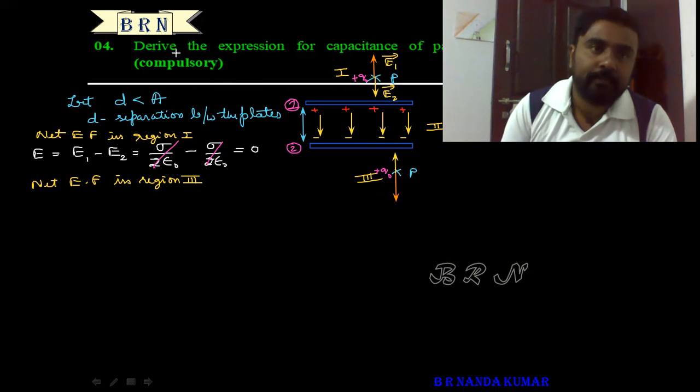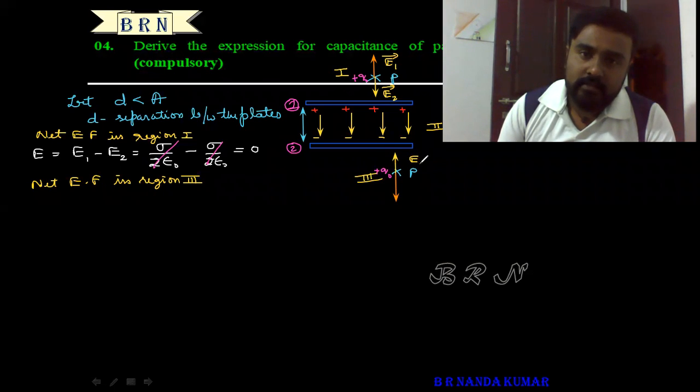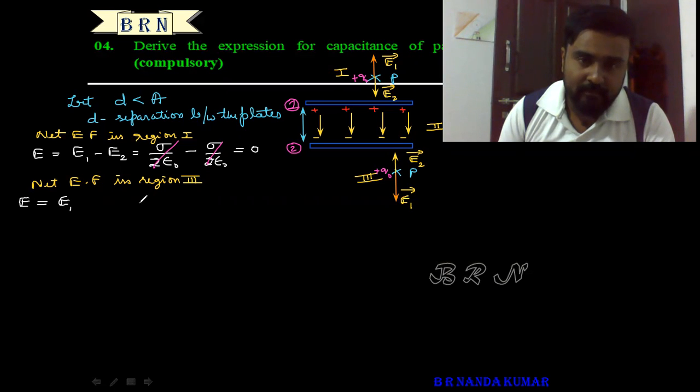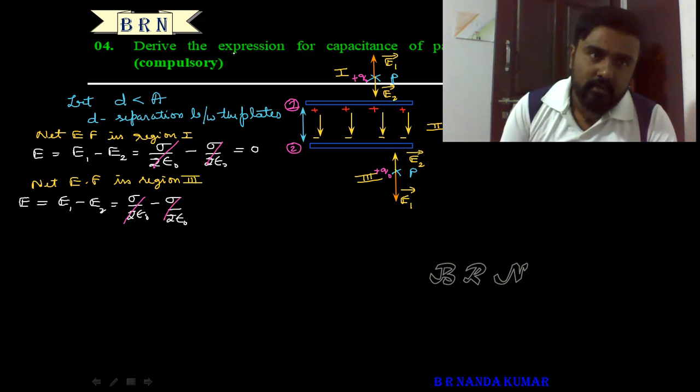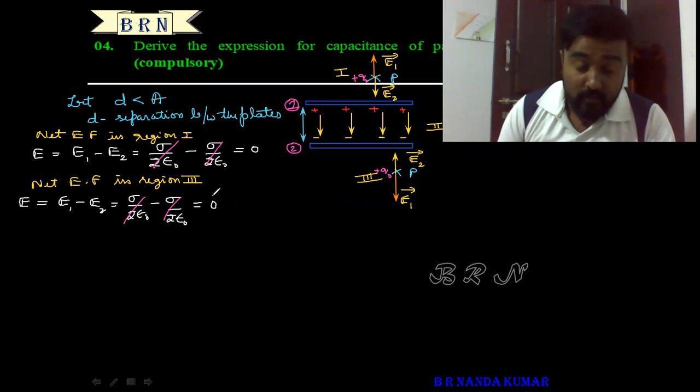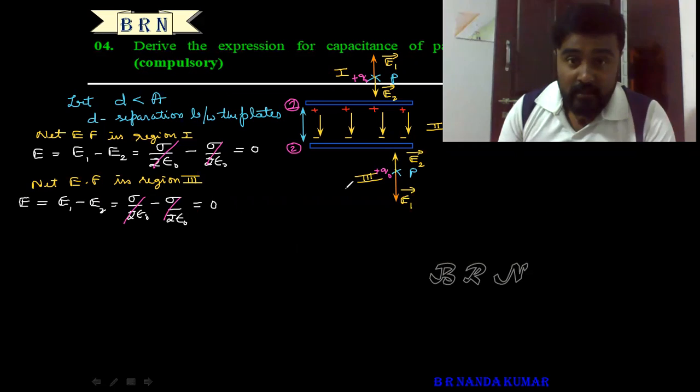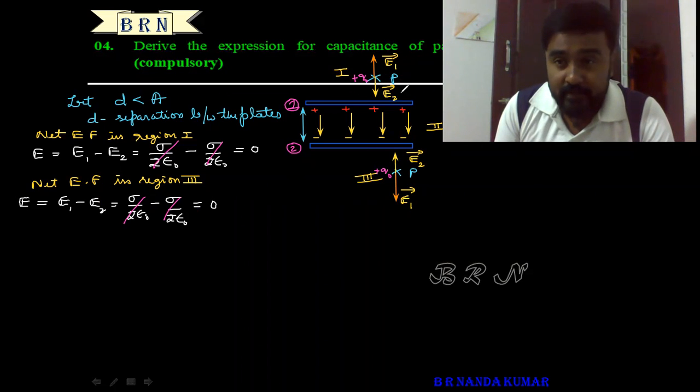This is E2 vector and this is E1 vector. The resultant electric field E is again E1 minus E2, which is sigma by 2 epsilon naught minus sigma by 2 epsilon naught. The two cancel, so the resultant electric field is 0. That means the electric field is 0 in region 1 and also 0 in region 3.